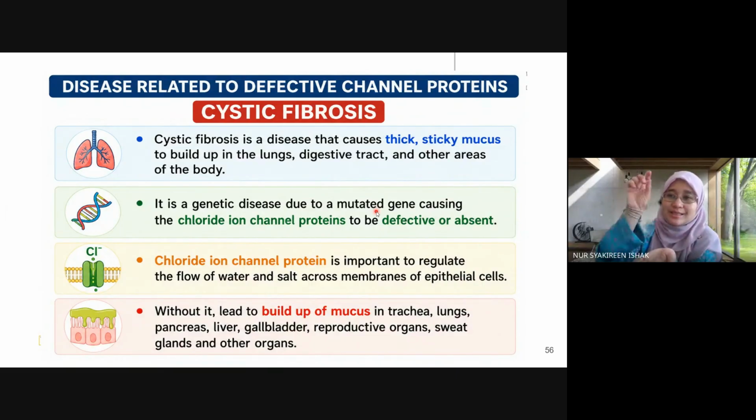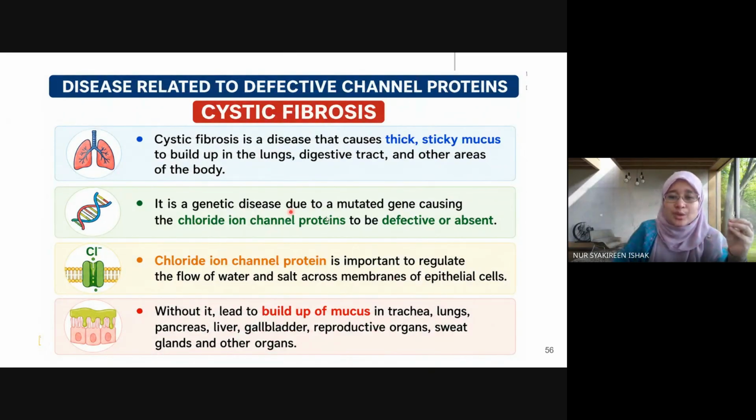In this case, the gene that is supposed to make the protein that becomes the chloride ion channel is mutated. The coding has changed. So when the coding changes, the synthesis of the channel protein is affected.